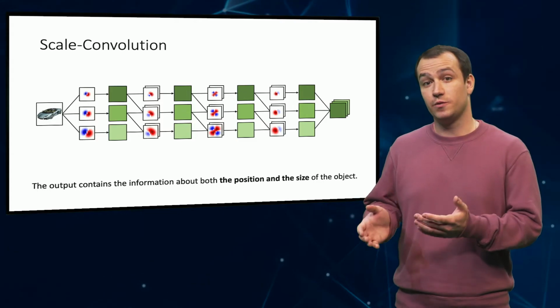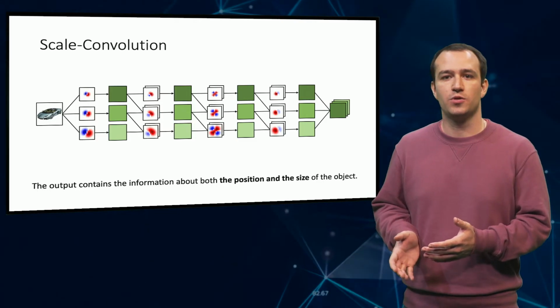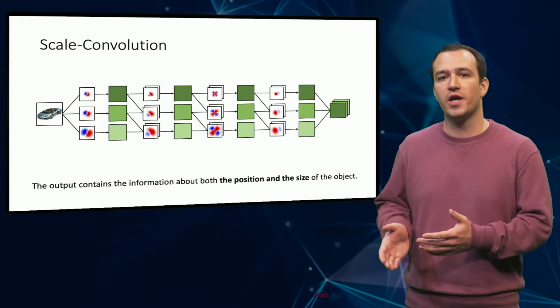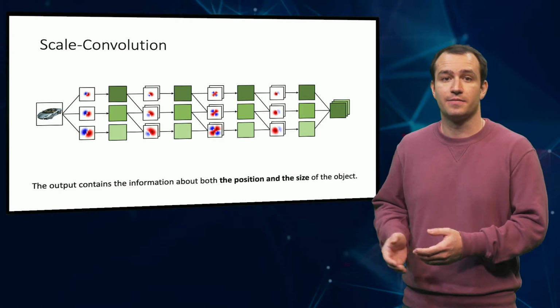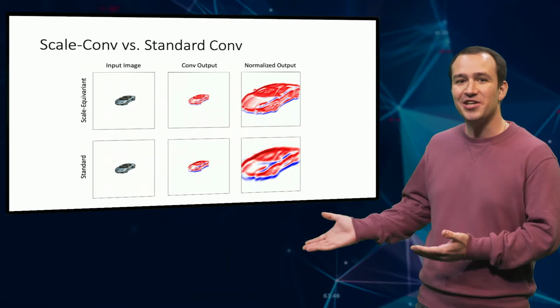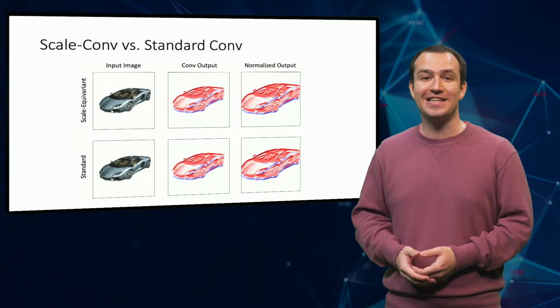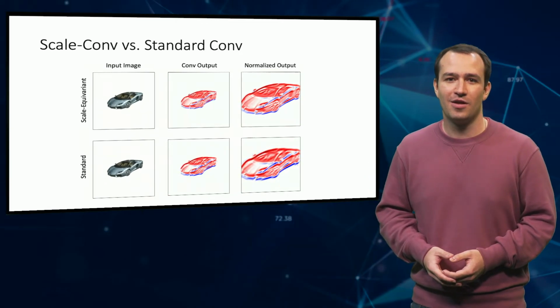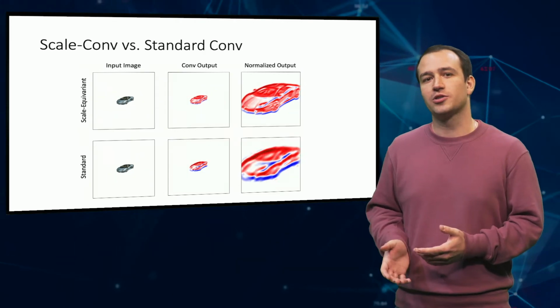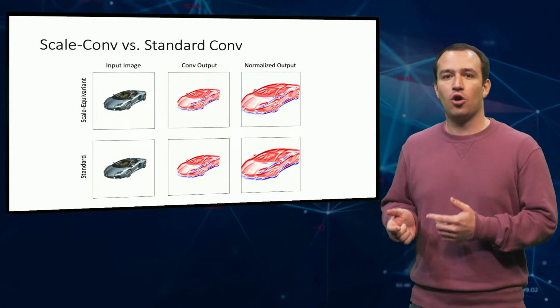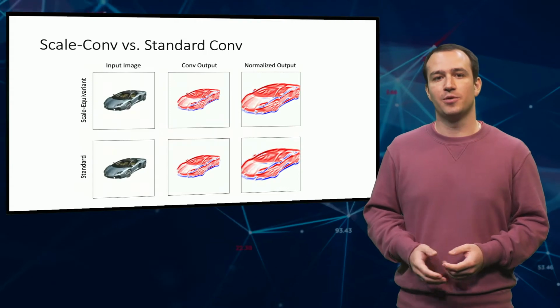If we choose the element with the maximum response, we will derive the position of the query object as well as its size. As we can see here, scale convolution is indeed scale equivariant. The global and the local structures of the output stay almost unchanged when the input image is downscaled.